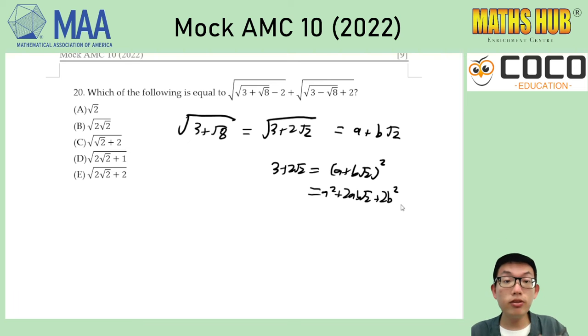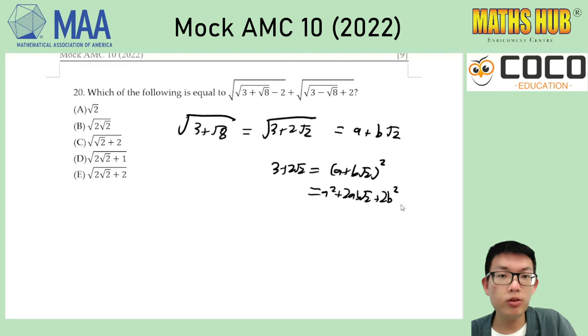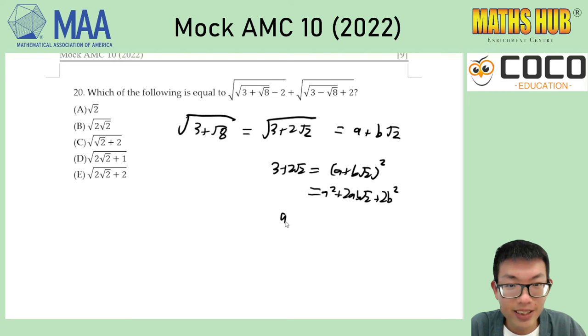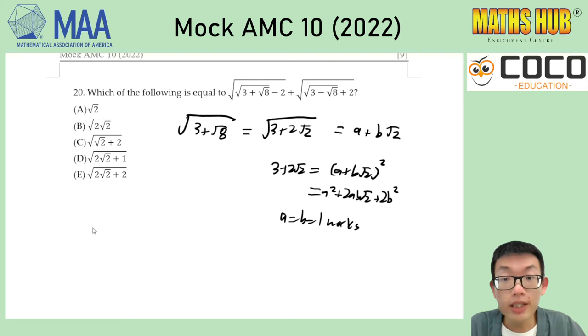Now, if we are trying to get a and b to be nice, this is wishful thinking, you would need 2ab to equal 2, and of course, if ab is equal to 1, we try 1 and 1, and magically it works. So this is good news. So it works, and therefore this is just 1 plus square root 2.